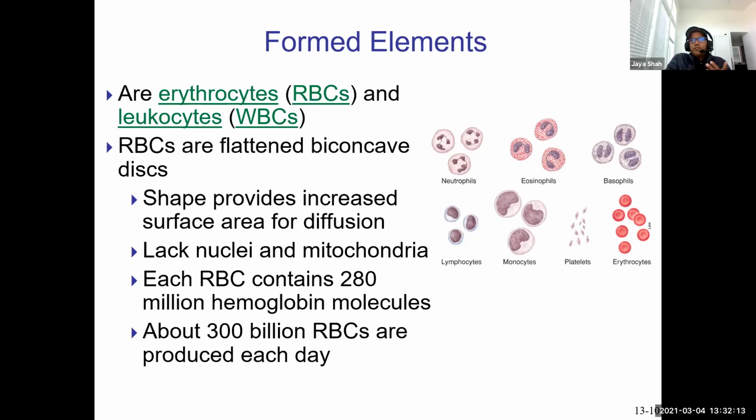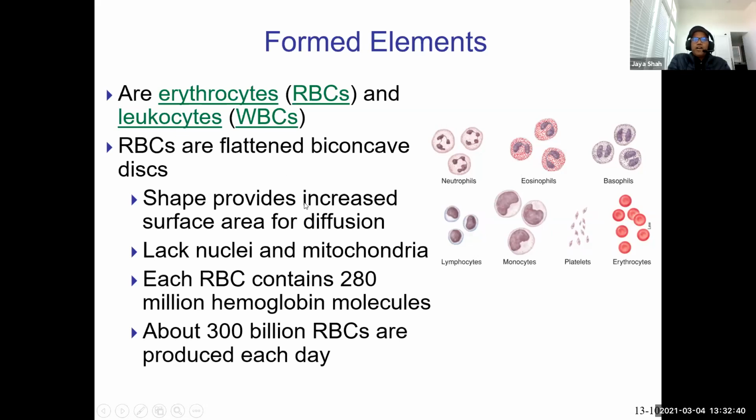So if you have a donut and you fill up the hole, what happens? That's how red blood cells are. And the plasma membrane of red blood cells is so flexible that it can squeeze through the smallest capillaries. That's why we call RBCs flattened biconcave discs.